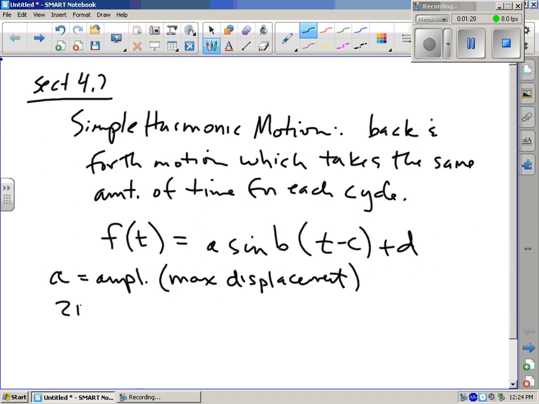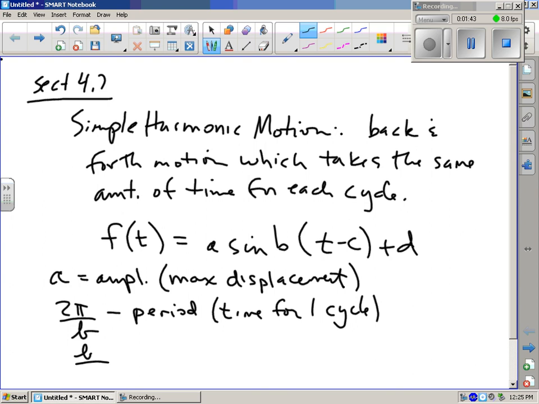And then you do 2 pi over b still for the period, and that means time for one cycle. But we have a new thing, and it's b over 2 pi, and that is the frequency.